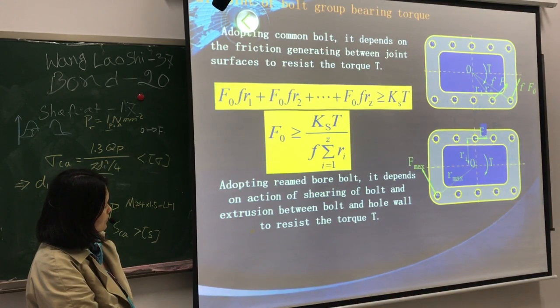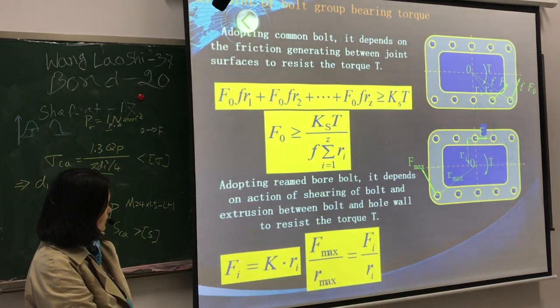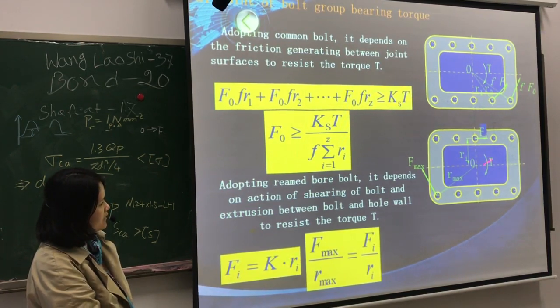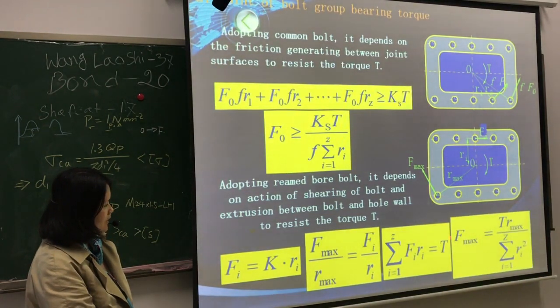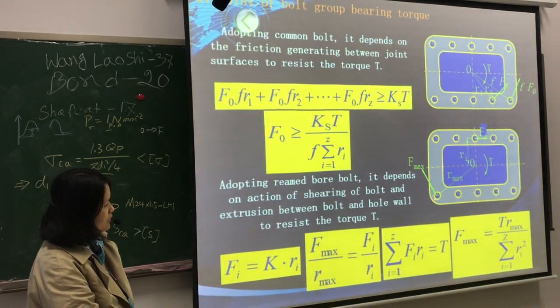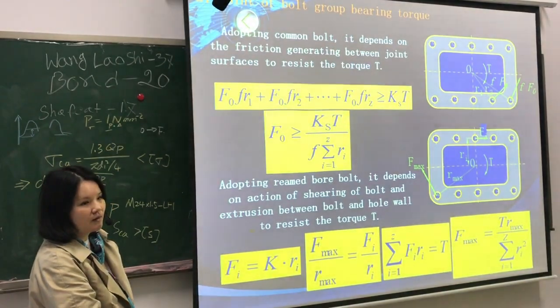So we have Fi equals K times Ri. Ri is the distance, so Fi over Ri is constant. So we can calculate the maximum force with this.